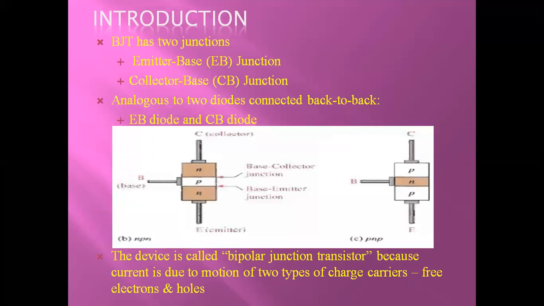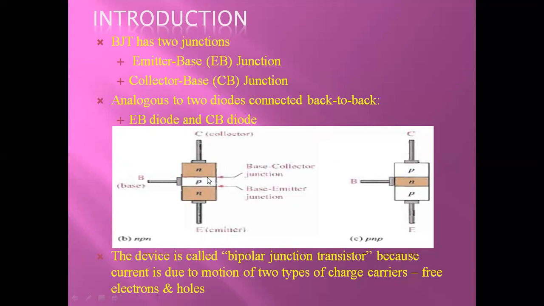Here in the BJT, we have two junctions, the emitter-base junction, as clearly specified in the diagram, emitter and base. This is one junction, a combination of N and P, and a combination of P and N. This is in one semiconductor, and this is in another semiconductor, as we discussed earlier.